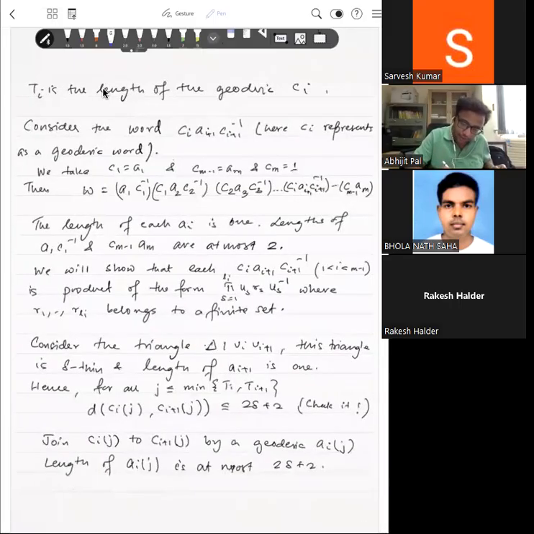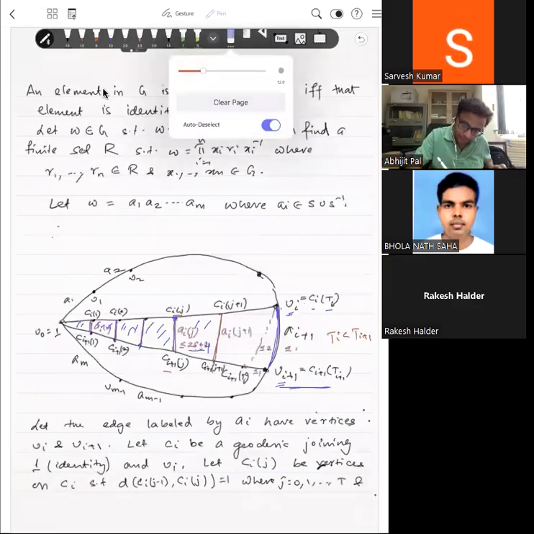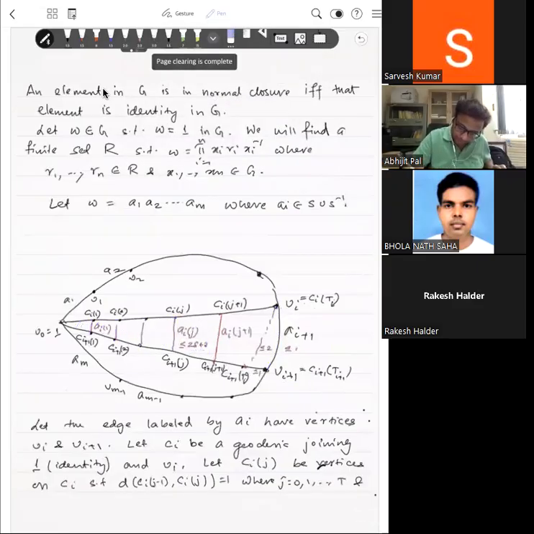So now consider the word Ci ai plus 1 Ci plus 1 inverse. Ci is the geodesic joining 1 to Bi.